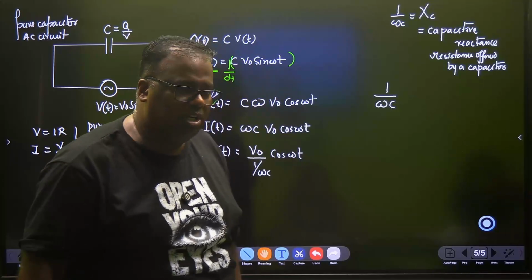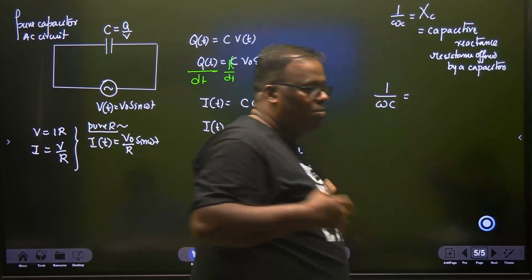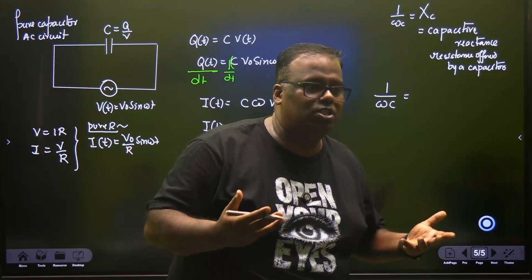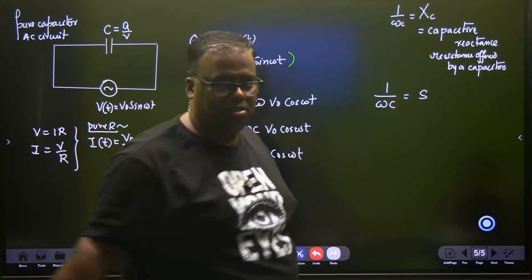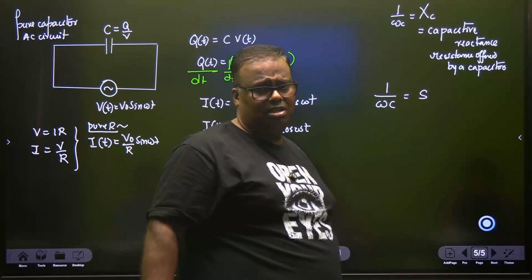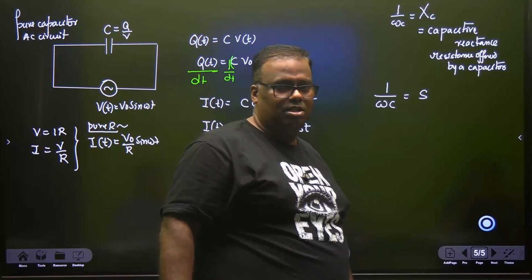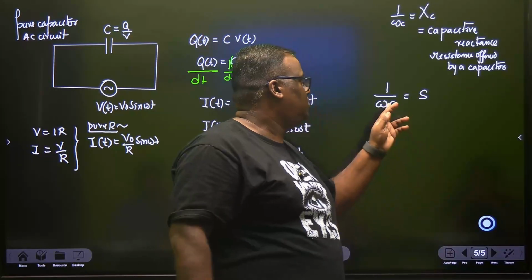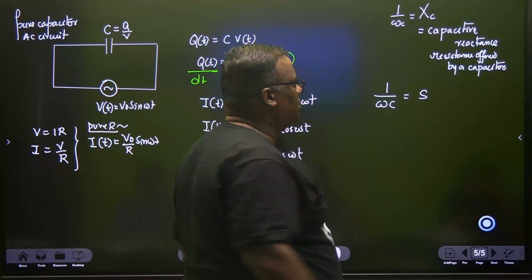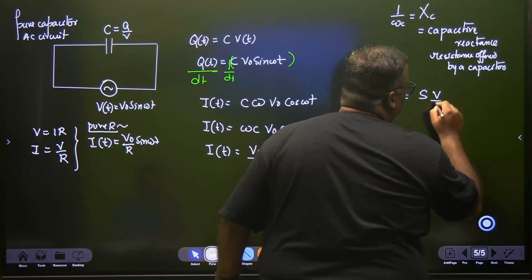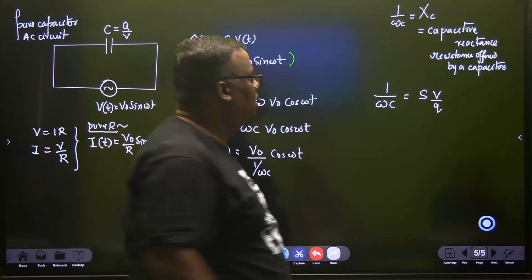Let's do a unit check, right? What is 1 by omega, beta? Omega is frequency, seconds minus 1. That means 1 by omega should be second. Do you agree or not? C is equal to what, beta? C is equal to Q by V. That means 1 by C is equal to V by Q. Got it?